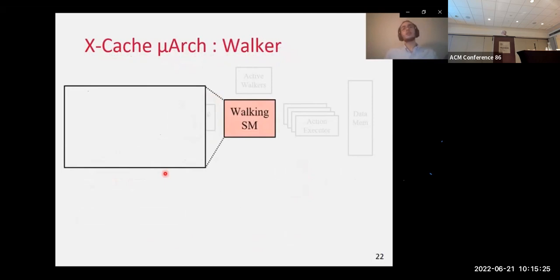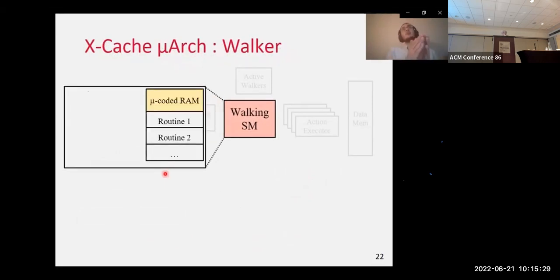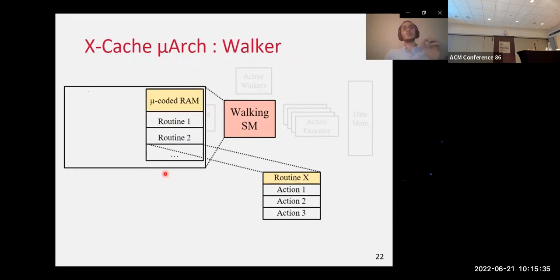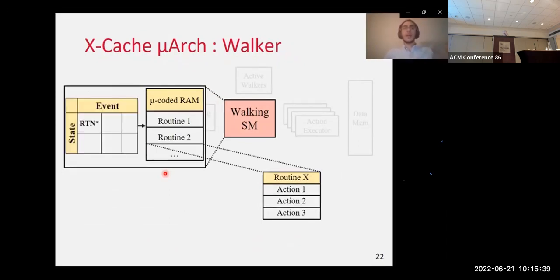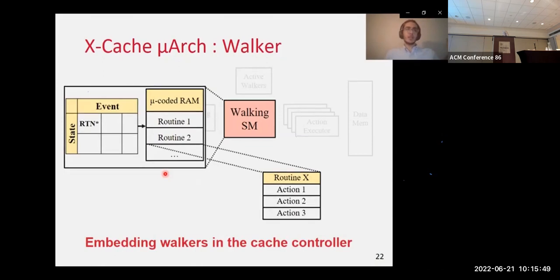The next module is our walking state machine. So we break down our walking logic into smaller parts called routines, and each routine consists of a sequence of actions. And for calling different routines, we're using a table-based state machine. And that's how we embed our walking logic inside our cache controller.